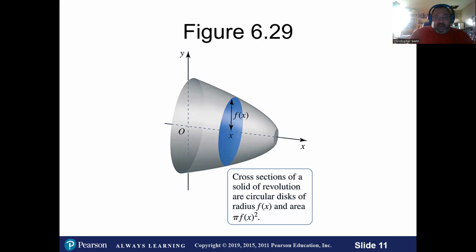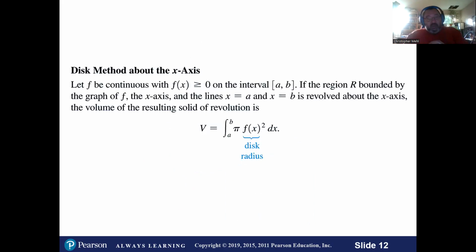And once again, if we add up a bunch of those slices and we do it in such a way that as we drive n to infinity, we drive delta x to 0, we get an integral. So the disk method about the x-axis looks like so. We have a continuous function, f of x greater than 0 in the interval a, b.